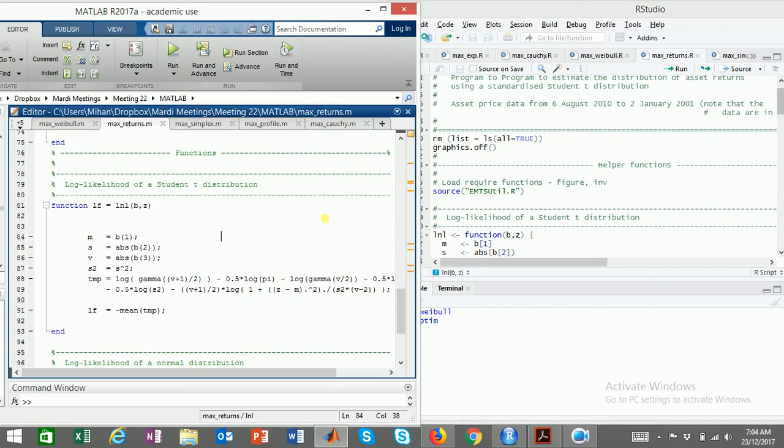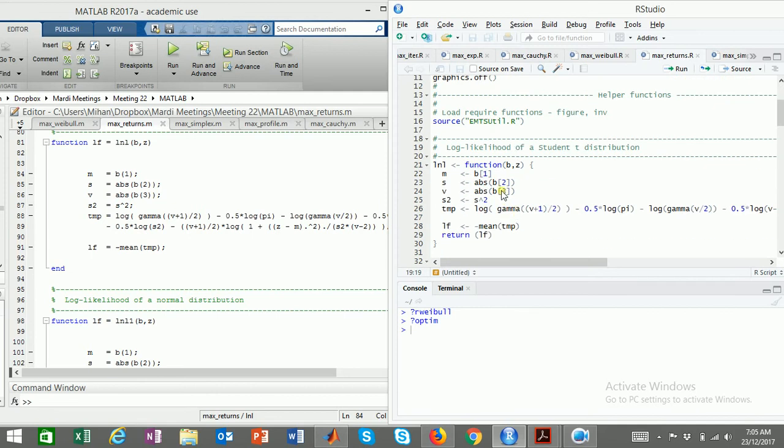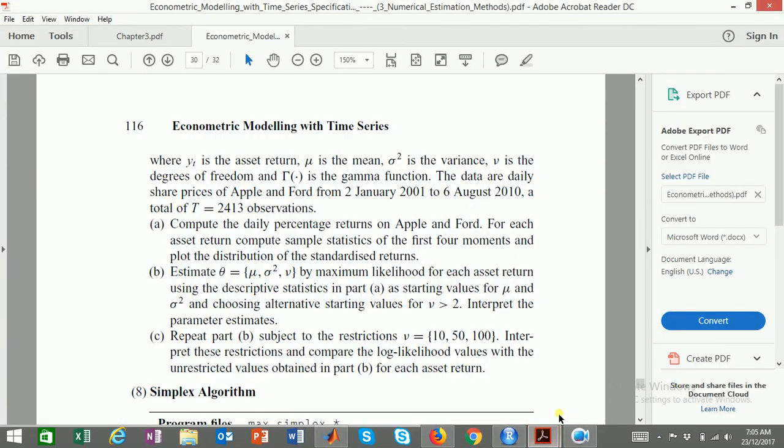Okay, let's see. Function of L, where we are going to input B and Z. Mu is B equals 1, S equals the absolute value of the second term.